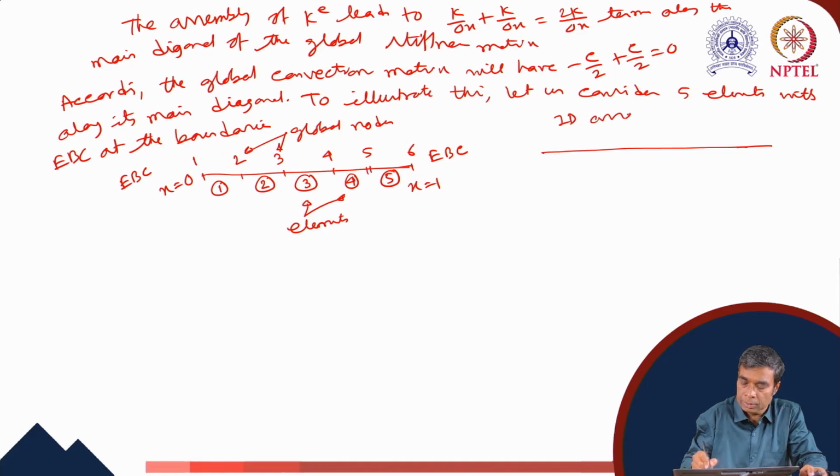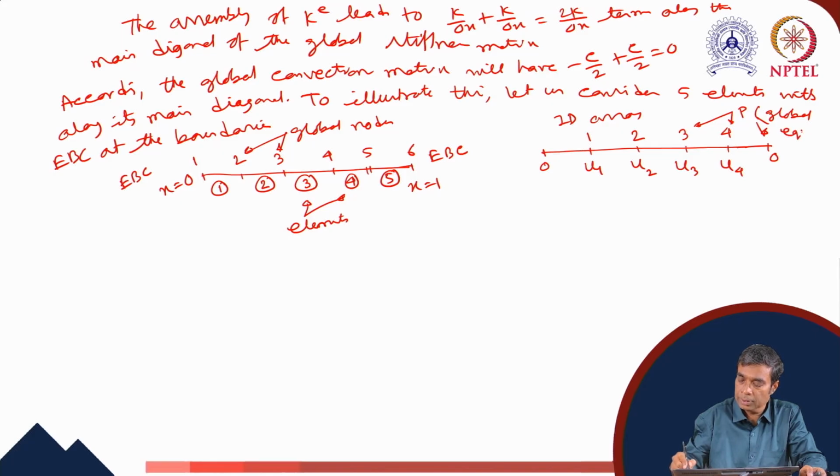So this is for the global equation numbers 0 and 0, and we have intermediate nodes with 4 equations: equation 1, equation 2, equation 3, equation 4. So our degrees of freedom are U1, U2, U3 and U4. So these are the global equation numbers.